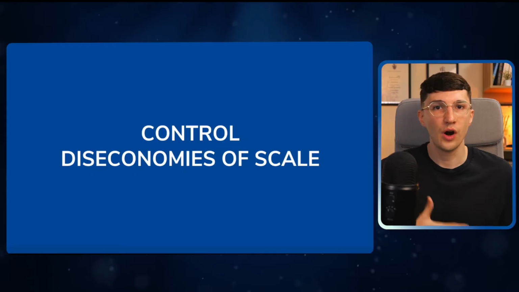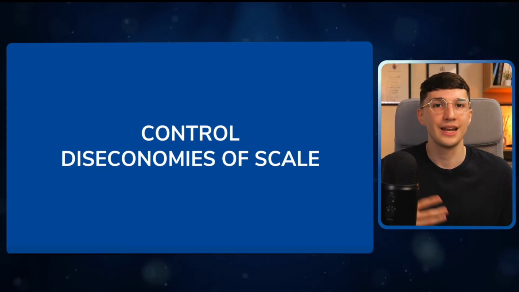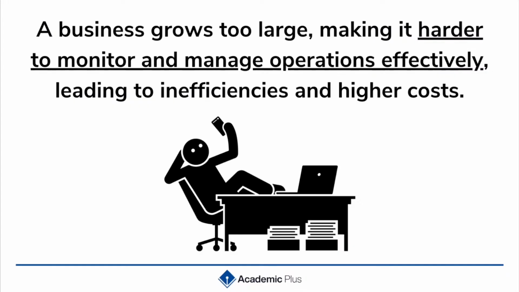So the first reason why diseconomies of scale happen is the lack of control. Because when you think about it, as a business starts to grow, they're hiring a lot more employees. Now, if the managers start to oversee too many employees, employees may begin not to do as much work if they aren't being supervised as much. They may be trying to slack off a little bit more.